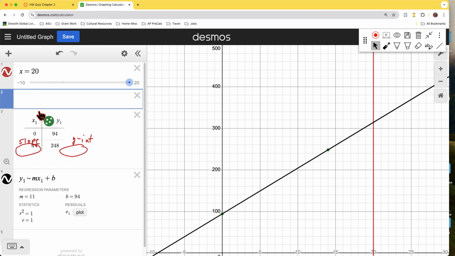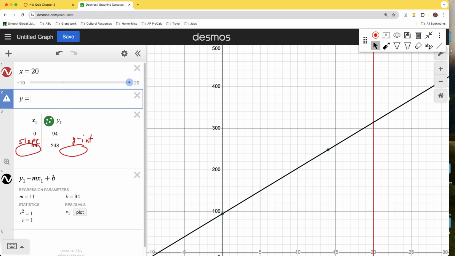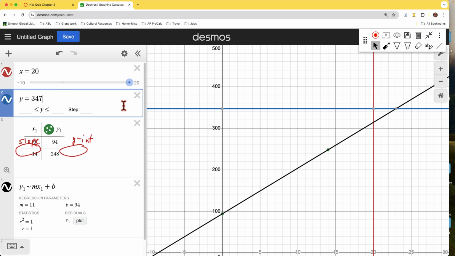This time we're going to say, tell me when y equals 347. Notice this time we get a horizontal line where y equals 347, and it's intersecting there. This is the one we want. This is our line. So in year 23 is when it'll be 347.